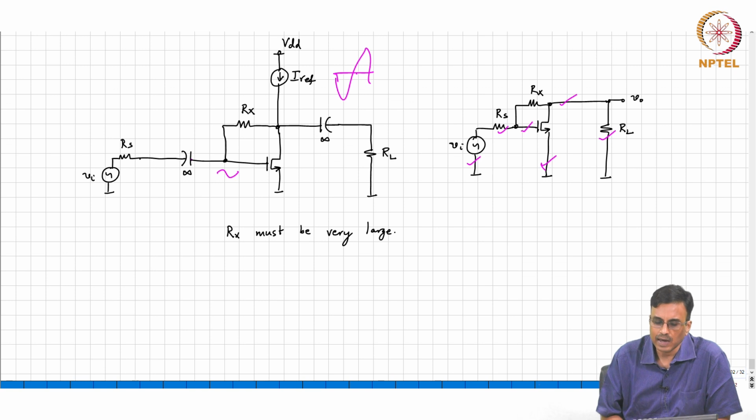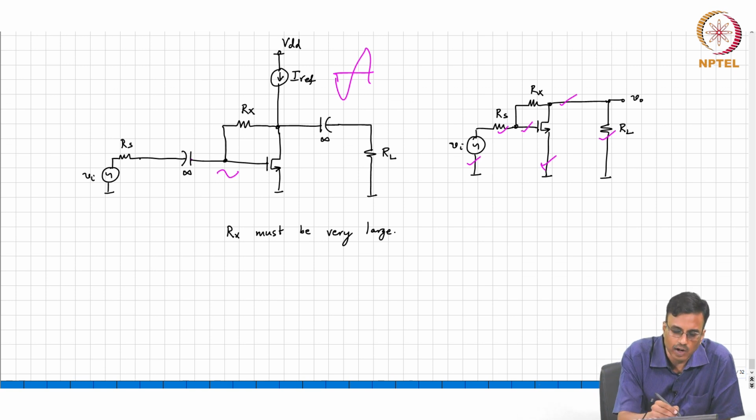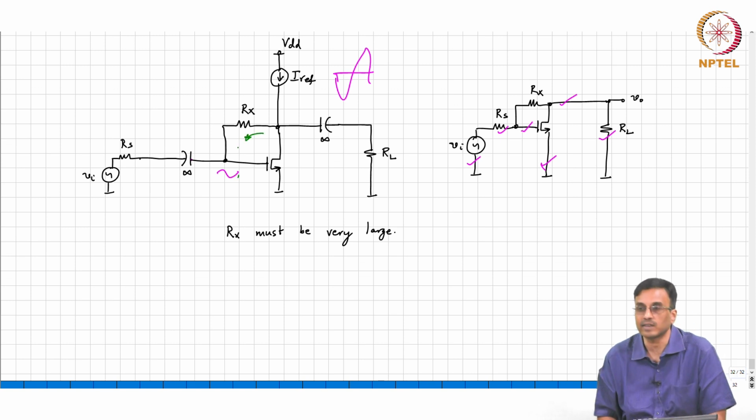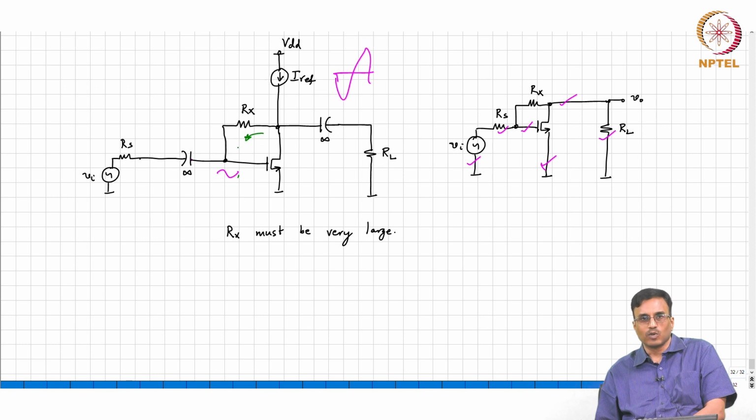So, if the drain is swinging a lot more and the gate is not swinging very much, for all practical purposes, what comment can you make about the current flowing through Rx? Vg is almost 0 compared to the drain potential, correct. So, the current flowing through Rx is roughly Vd by Rx.